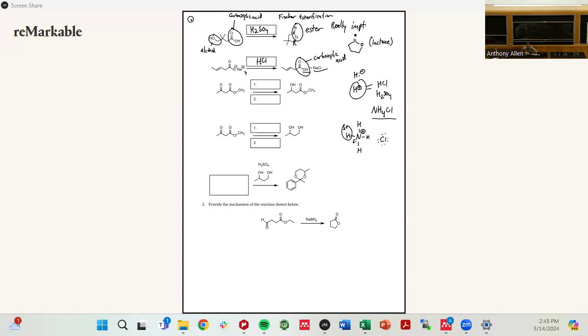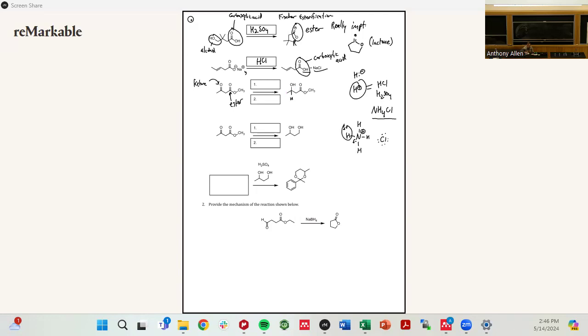Okay, so this is a ketone. This is a what? Ester. What have I added to the ketone? Hydrogen. So it was implicit, now there's an explicit one. So what sort of reagent did I use? A hydride.